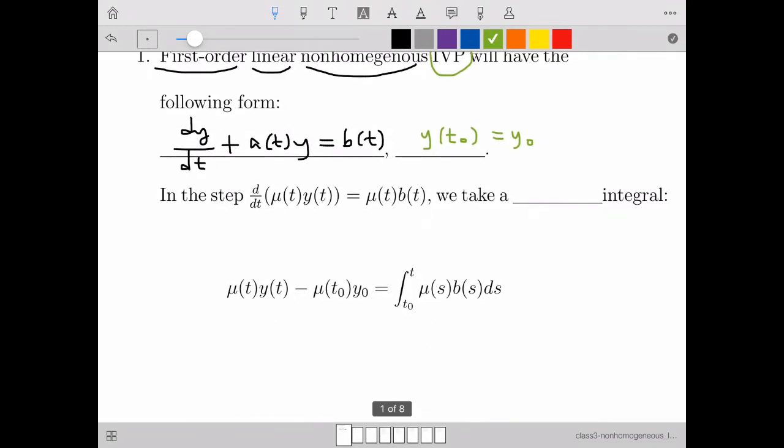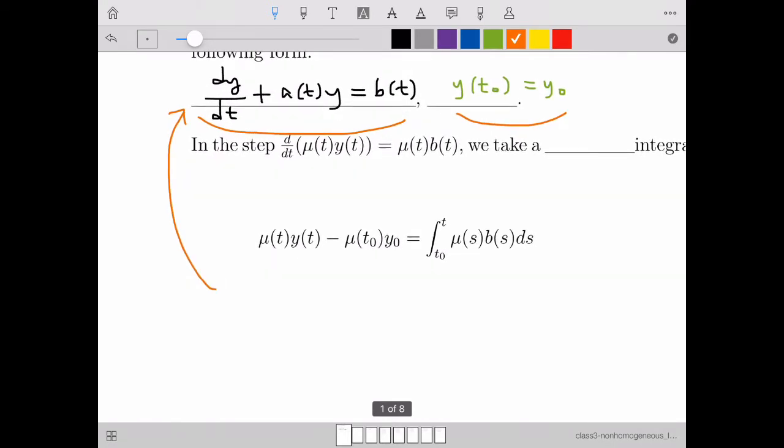So we want to solve the DE, and then we want to satisfy this IC, right? So for this, what did we do? We multiplied by mu, a nowhere 0 continuous function, where mu was e to the integral of a(t) dt.